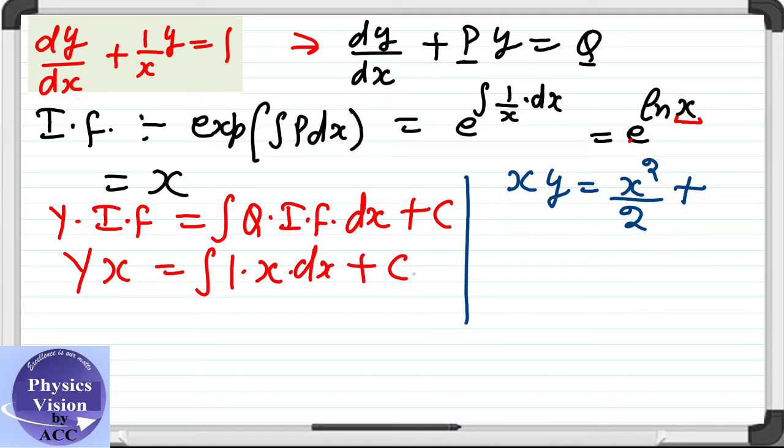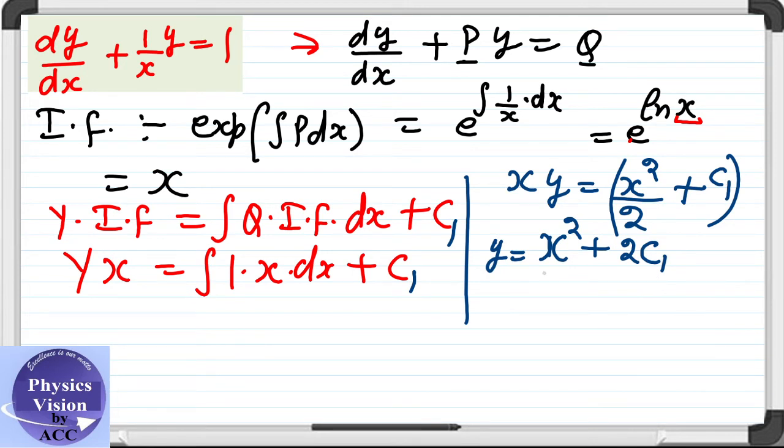Let us take it as a c1 constant, but it's okay, that constant can also be absorbed. So y becomes, taking the LCM, x square plus 2 c1 upon 2x. This is y.